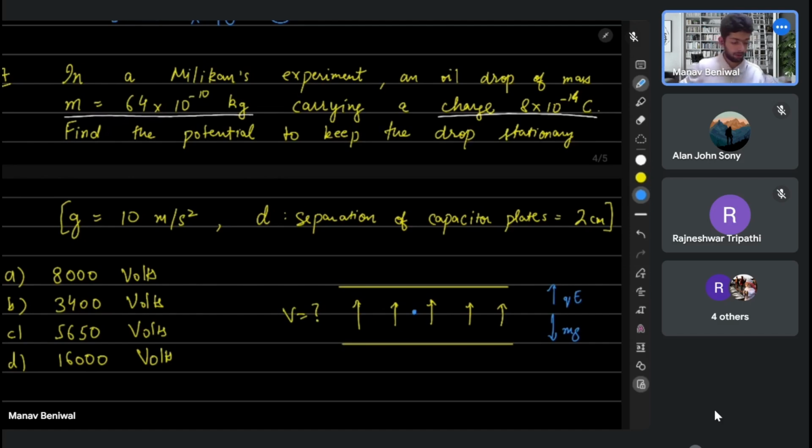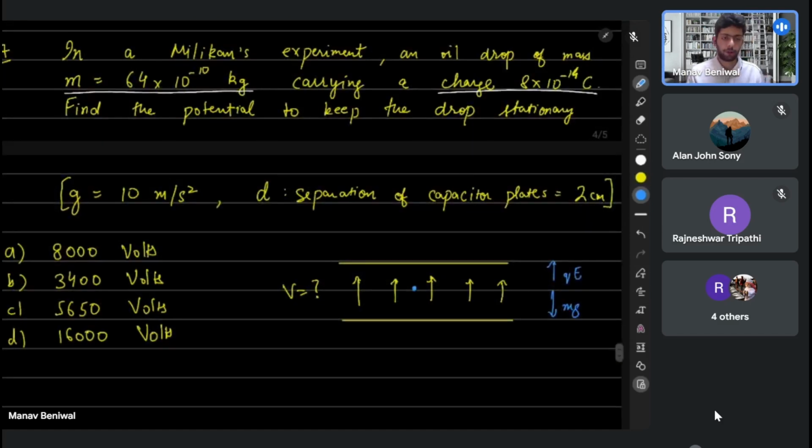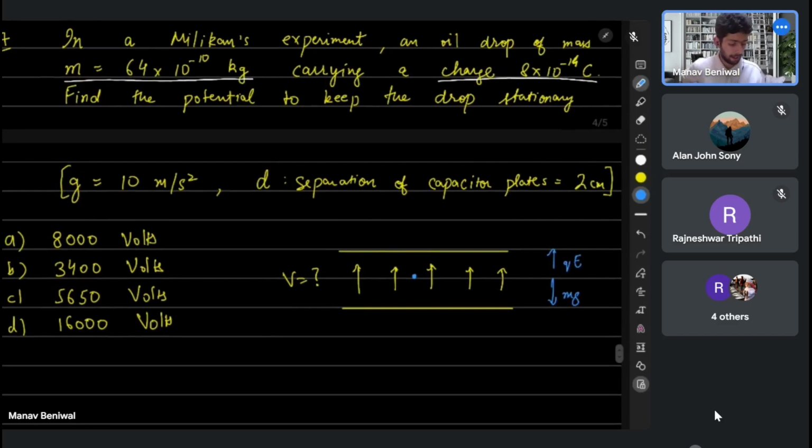Okay, so in the meantime that you guys solve it, let me also solve in parallel. As I said, we only have to equate these two forces, qE and mg, right? So let me write mg is equal to qE.